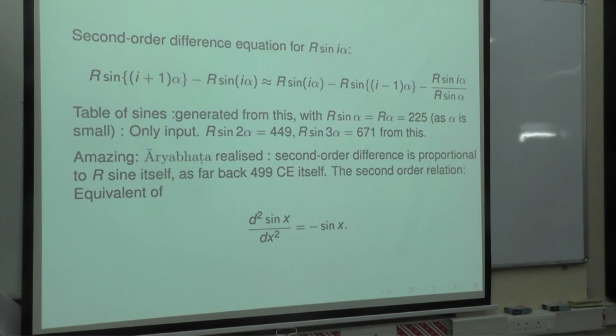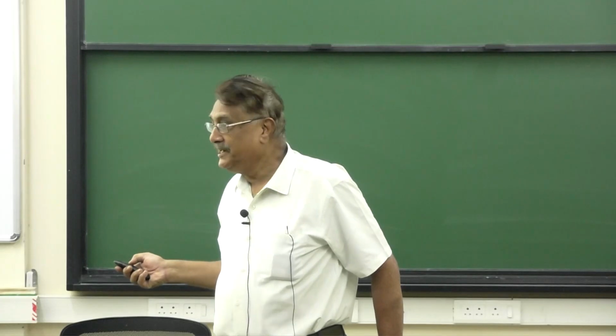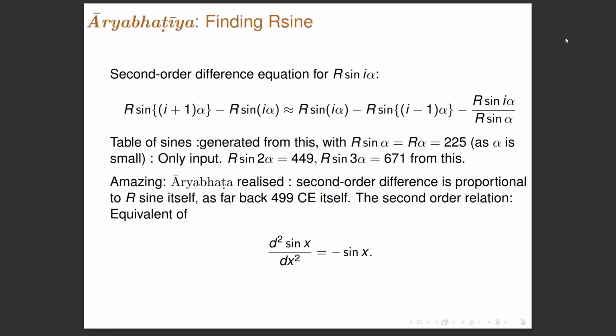Now I have to remark on what exactly this means and what its significance is. This one is called a sine difference, the difference between successive sines for i plus 1 alpha and i alpha. It is sometimes called a first order difference.